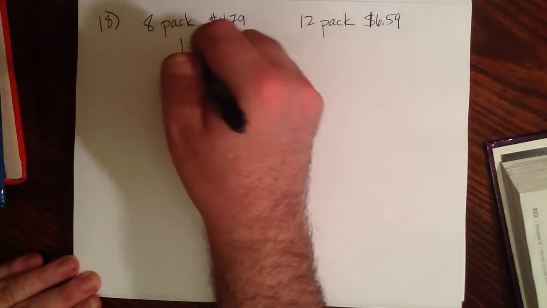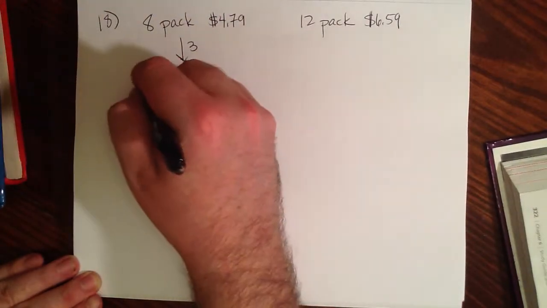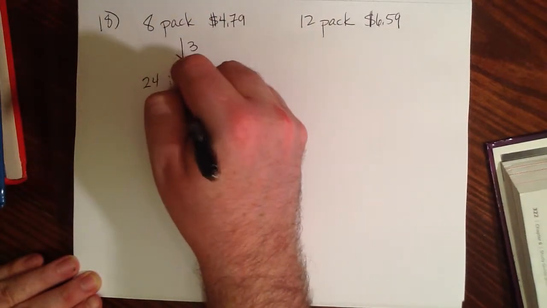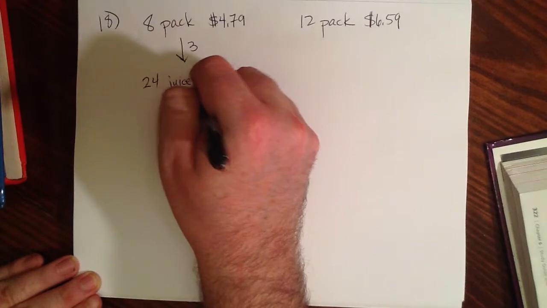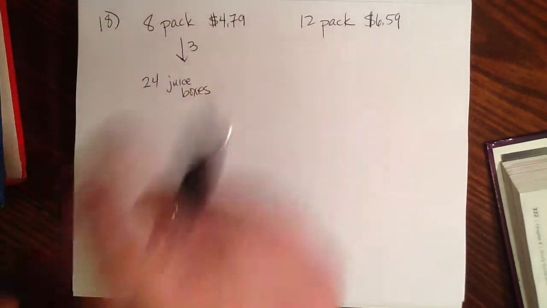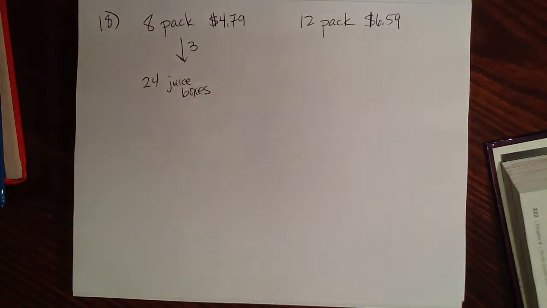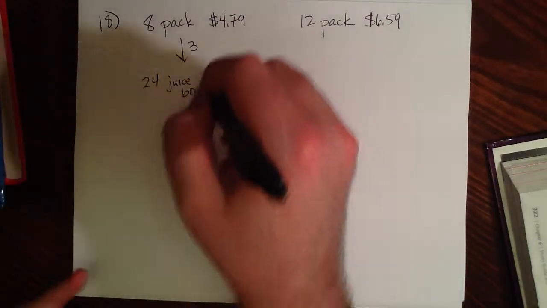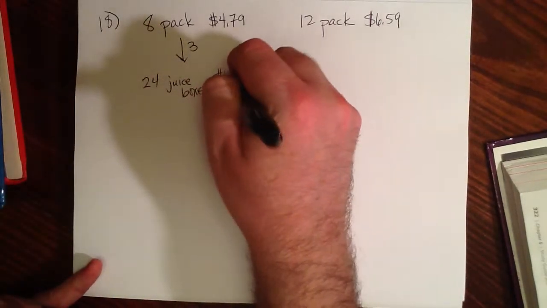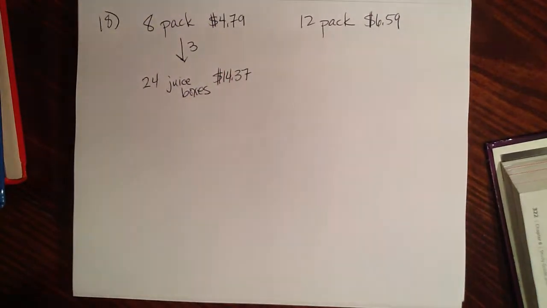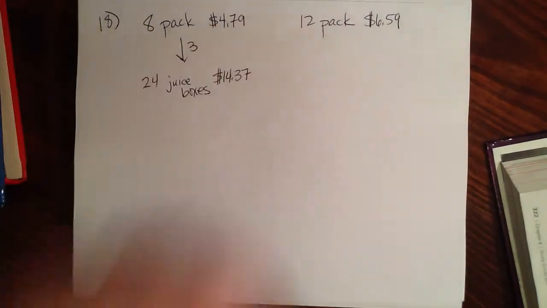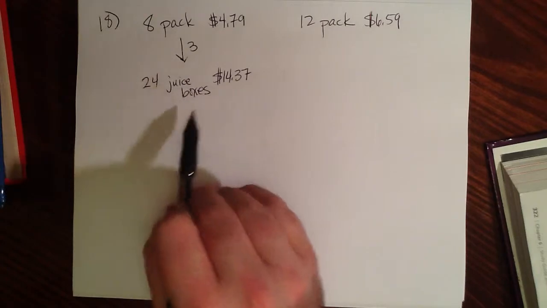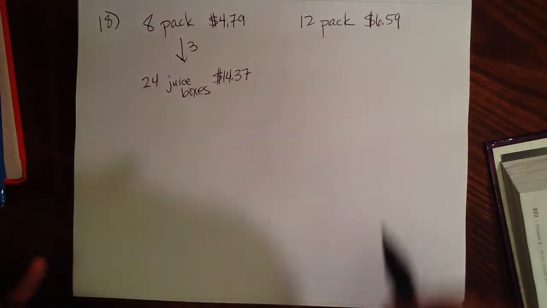So if you bought 3 of these, you would have 24 juice boxes. And if you multiply $4.79 times 3, you get $14.37. So if you bought 3 8-packs, you would have 24 juice boxes at $14.37.